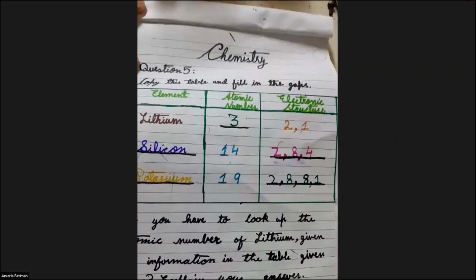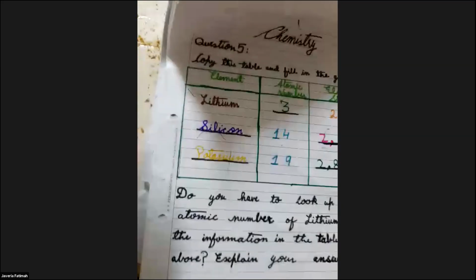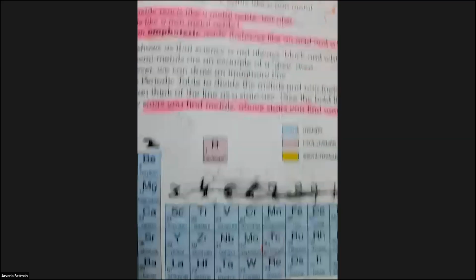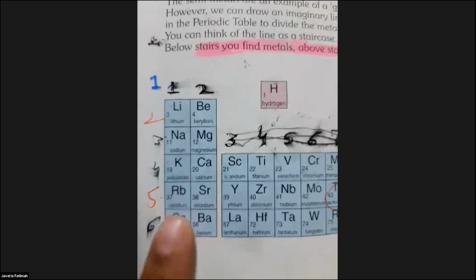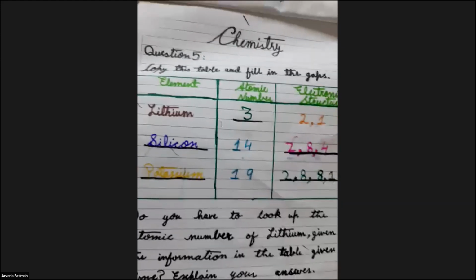Now, in which group is potassium placed in the periodic table? In the first group, the alkali metals. If you remember from my first 2 classes on atomic structure, what does the number of the group represent?